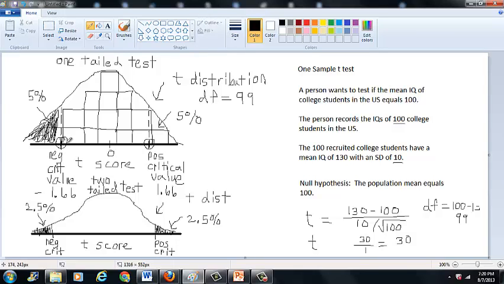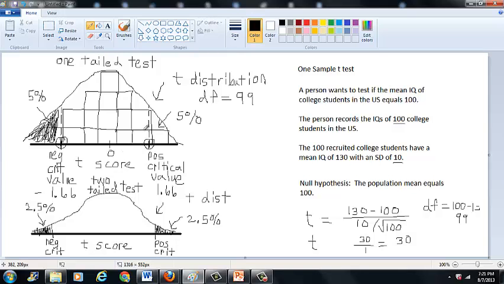If the person's data set ends up equal to or below the negative critical value in this rejection region, the person can reject. But if the person was planning to use the negative critical value and the data set ends up at the upper end of the curve, the person can't reject up here, because the person decided ahead of time to only use one goal area, one rejection region, down here.